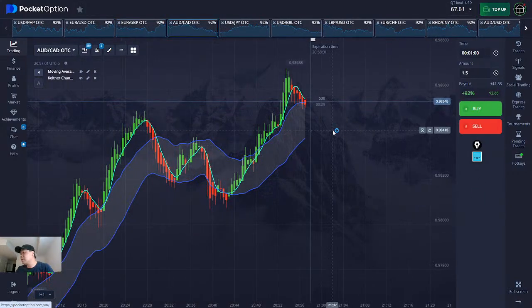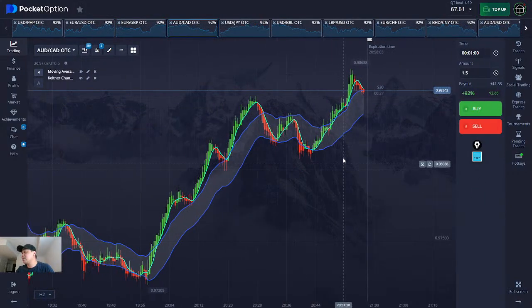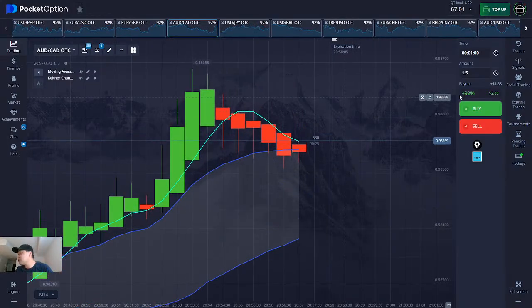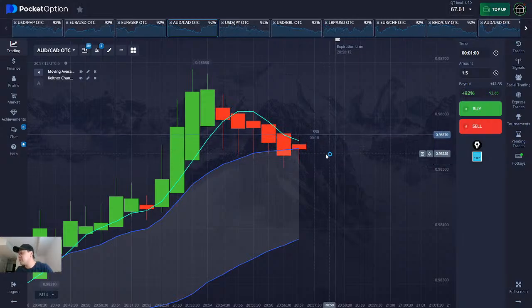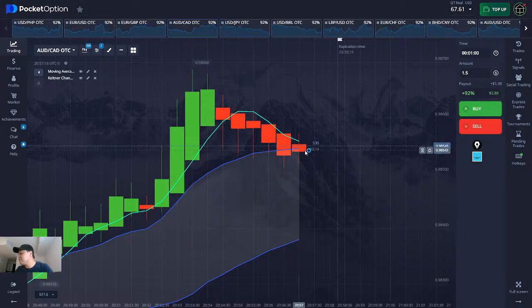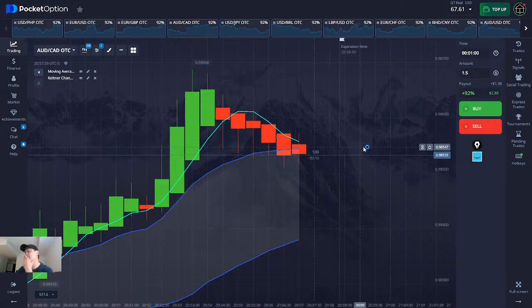Let's see. This is a good one. It's coming. It's coming. Give me a green print. Give me a green candle. See, I want to see some strength here picking up. Come on. Nothing to see yet.